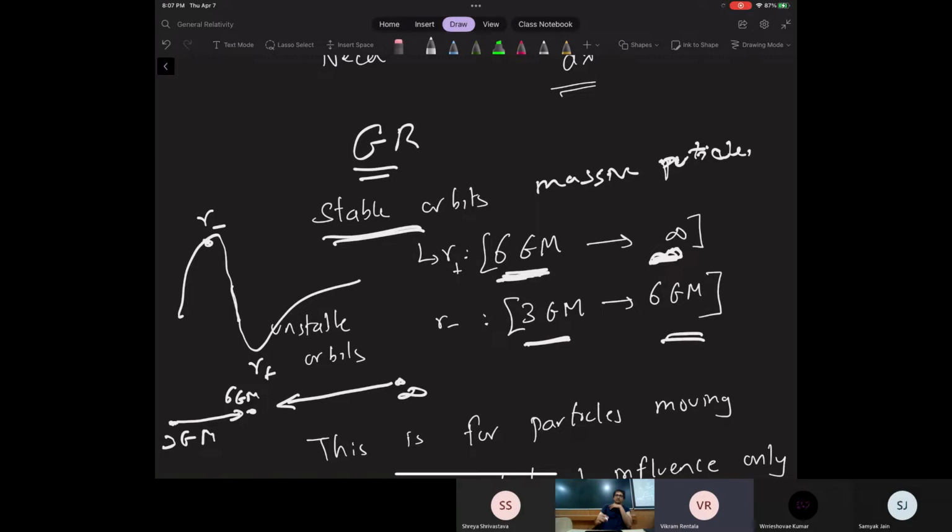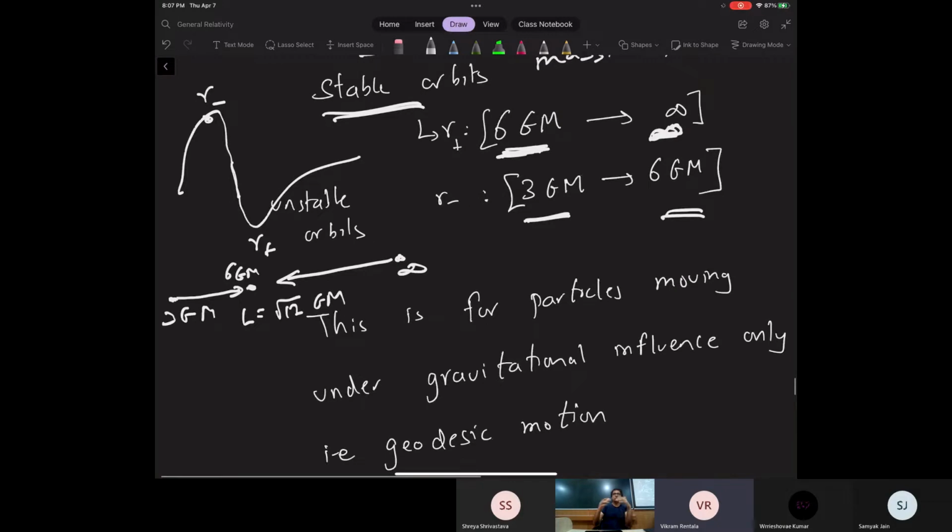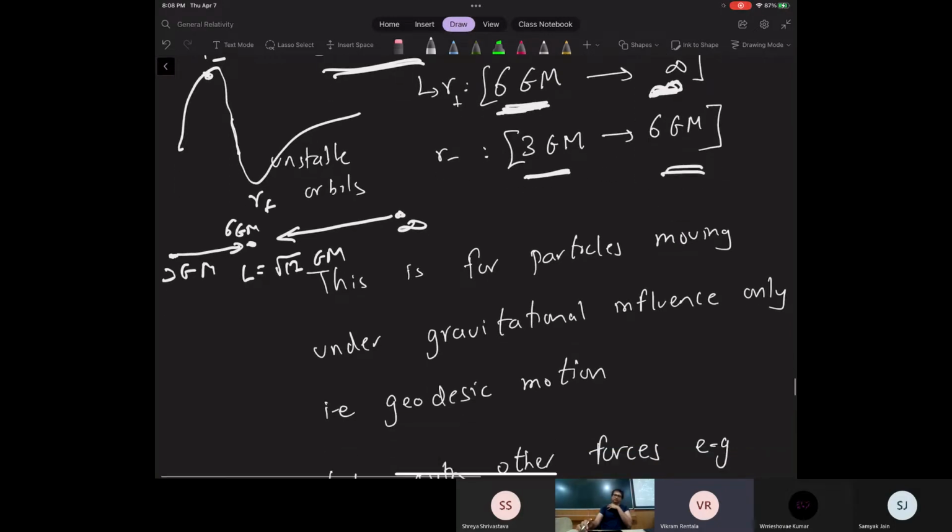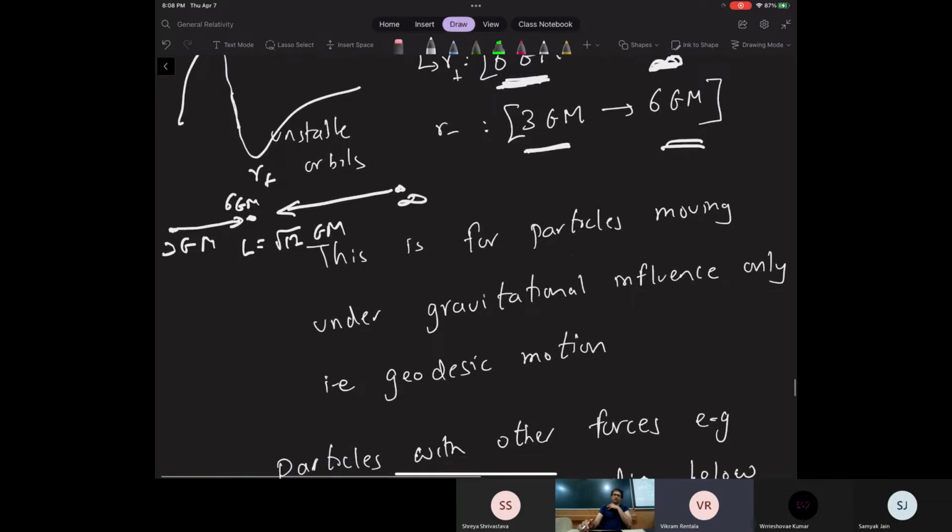They meet when the angular momentum hits this critical value of square root 12 GM. For lower angular momentum, you do not have a stable minimum of the potential anymore, which means that for any energy, the particles will fall in towards R equals 0.